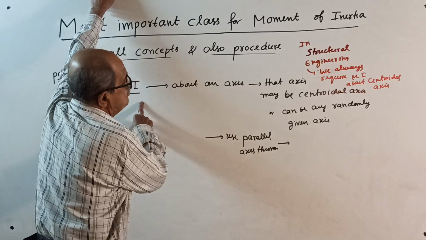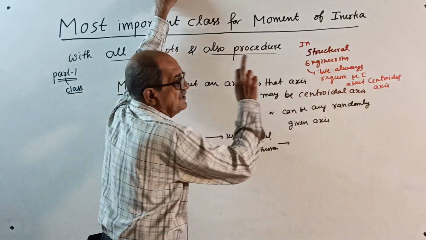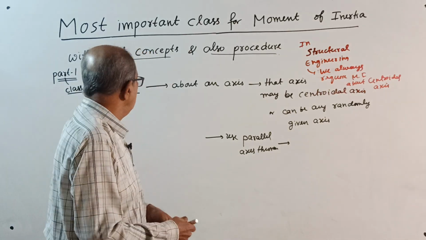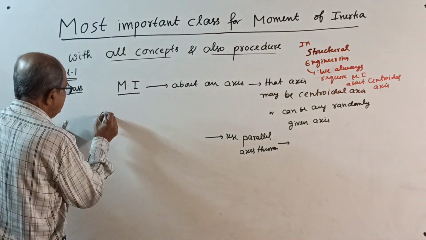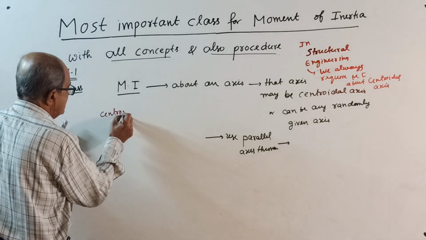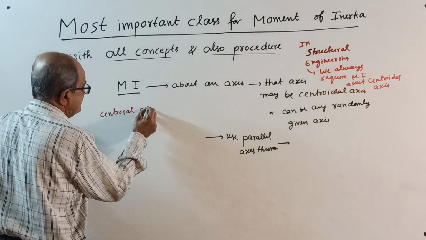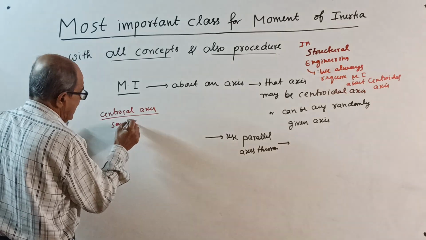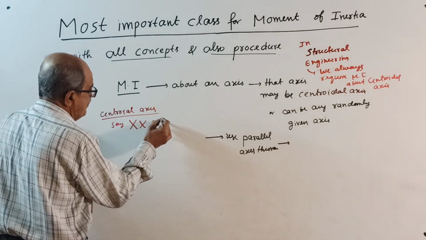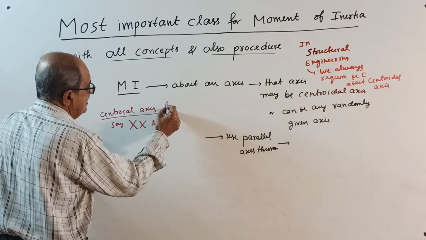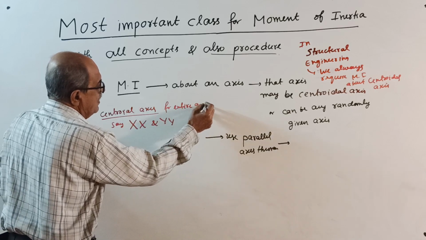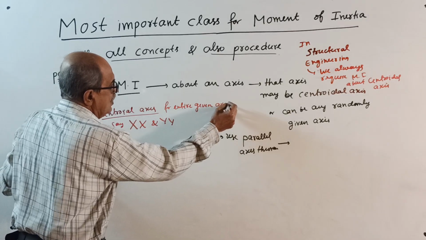Now, for that, I told you about any centroidal axis. Centroidal axis means, usually you write here, consider centroidal axis, say capital XX and capital YY, for the entire given area, not for a component.